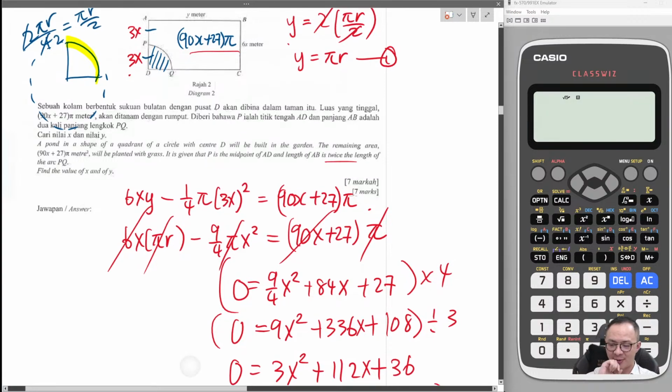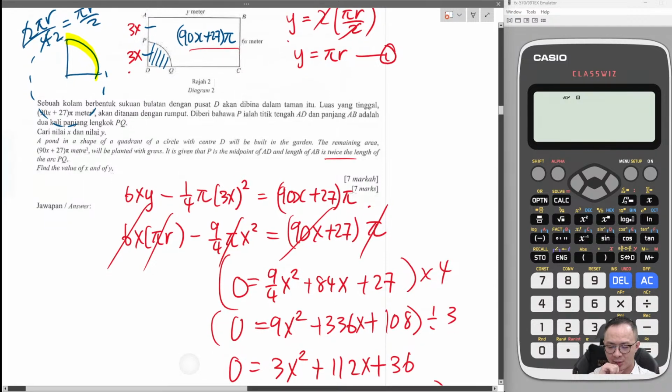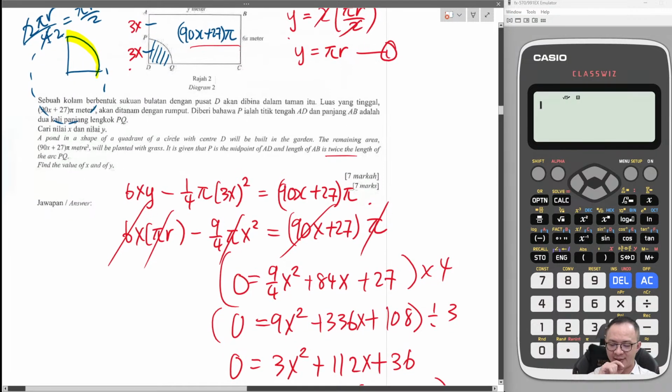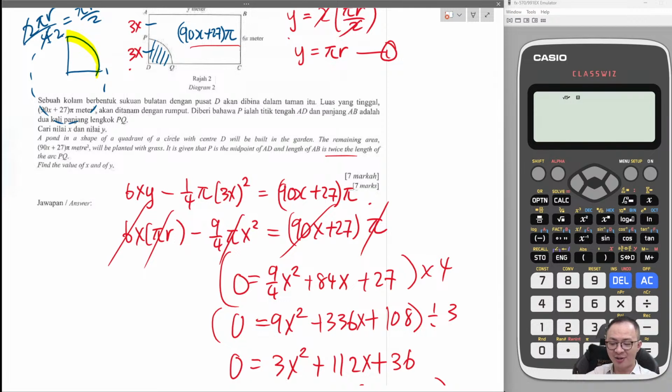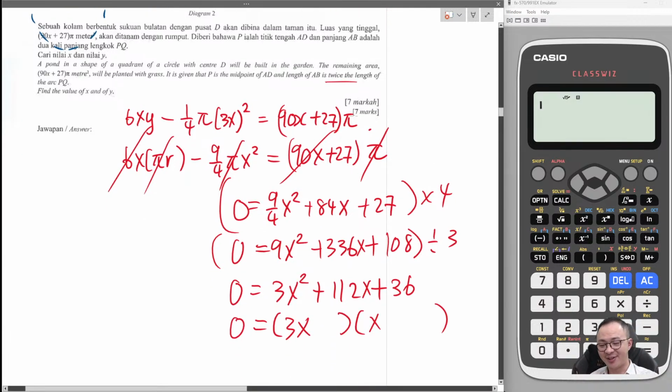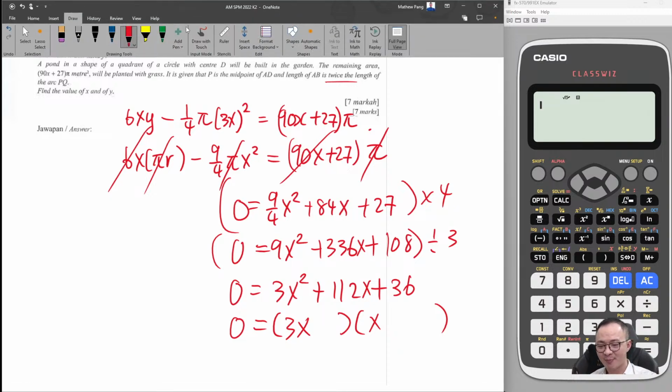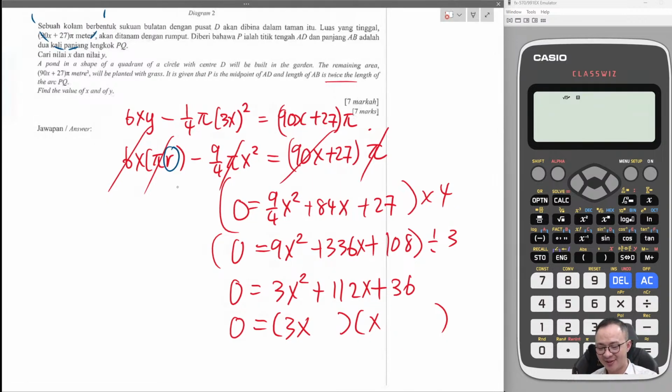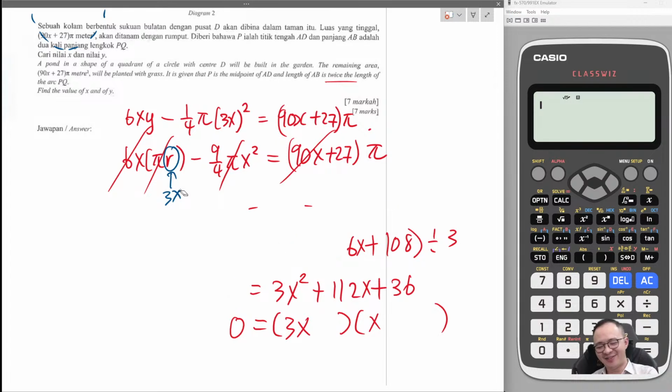Because it's a quadrant. Minus 6, 84. Oh, there's still an r there. Sorry, my bad. This r is 3x. Then we can redo everything.